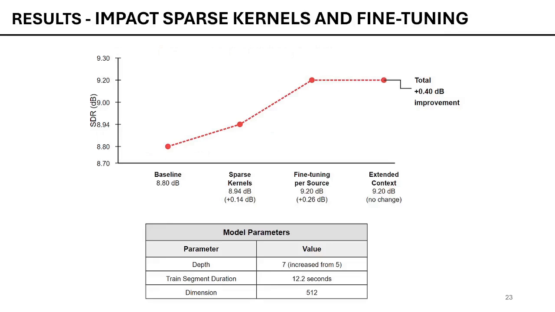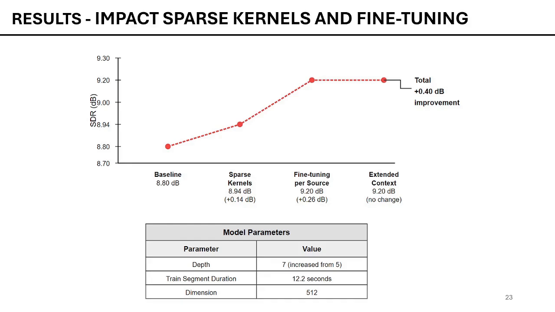Next, the researchers conducted a series of experiments to evaluate the performance of the model under different configurations. The model parameters were fixed in those experiments. The initial model achieved an SDR of 8.80 decibels. By incorporating sparse kernels, the SDR improved by 0.14 decibel, reaching 8.94 decibel.